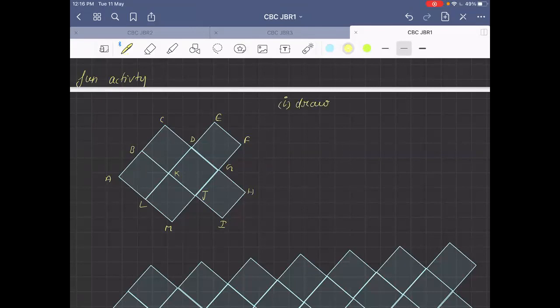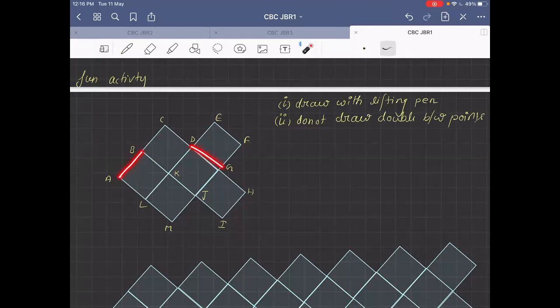Draw without lifting the pen, and second, do not draw a double line between points. It's like this. You cannot do that. Suddenly you pick up this position and start moving. No. And you cannot do this, coming back and going toward the other place. Okay.